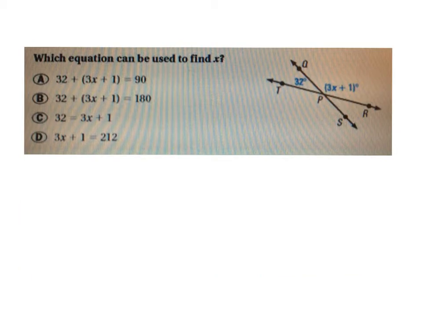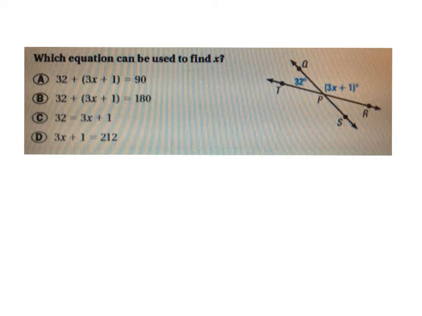Okay, and the last thing that we have in this lesson is a standardized test practice problem here. We're going to use our illustration here, and we're going to find which equation can be used to find x. So if you look at this here, we have a linear pair. And we have the angle that's 32 degrees.